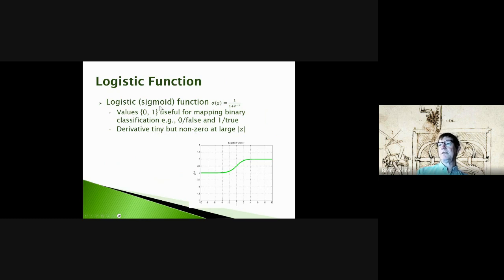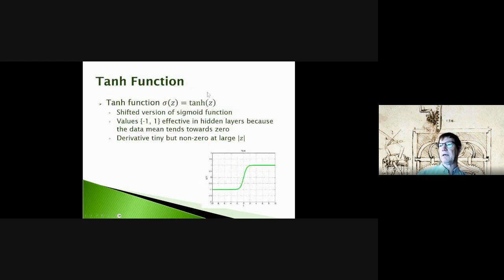So this is really useful for mapping binary classifications. We can map 0 to false and 1 to true. And the derivative is tiny but non-zero at large absolute values of z. So we don't want the derivative going to 0, because then we won't be able to effectively optimize in our optimization process.